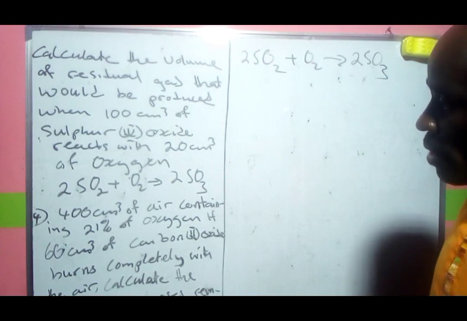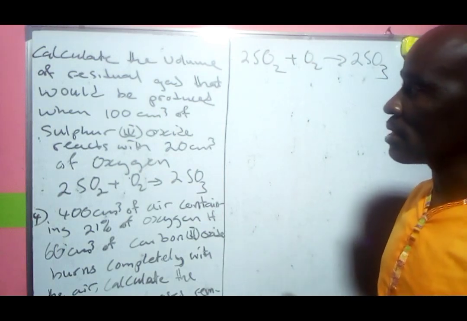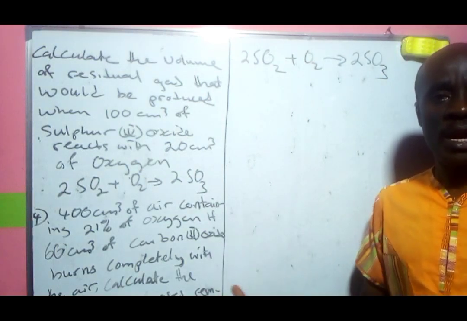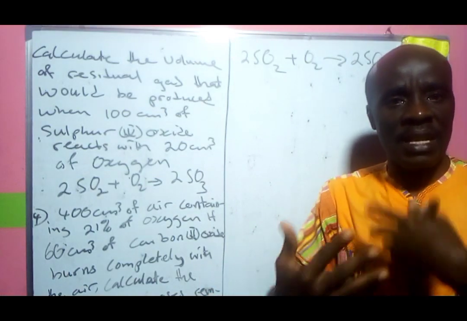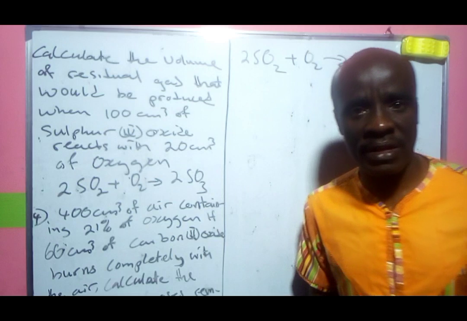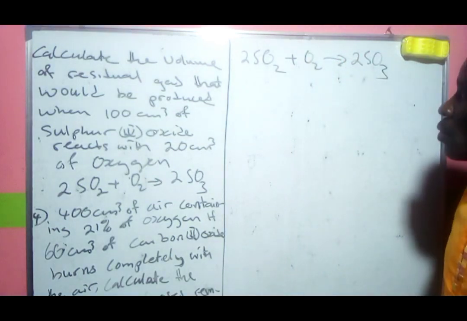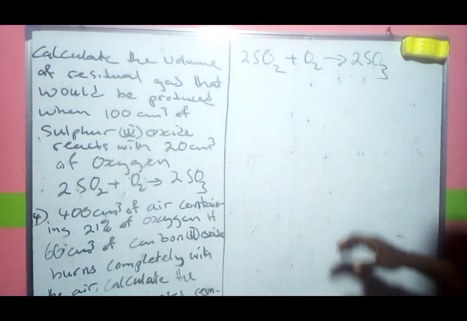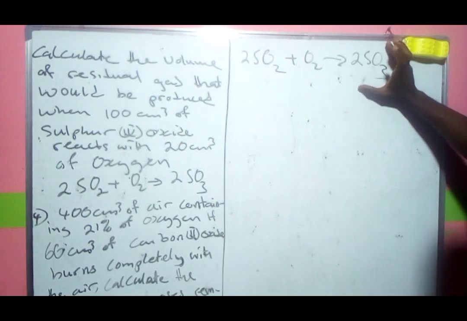So from this chemical equation, we're looking for the residual gases. That means the gas that is left over, a gas that will remain after the chemical reaction. One of the gases we'll have at the end of the reaction is this.